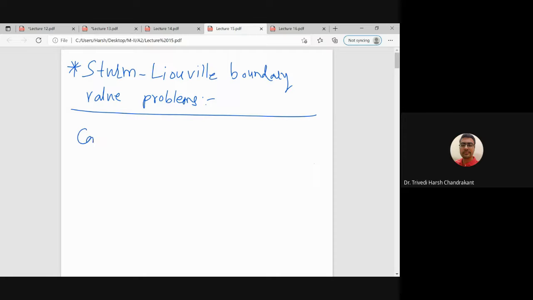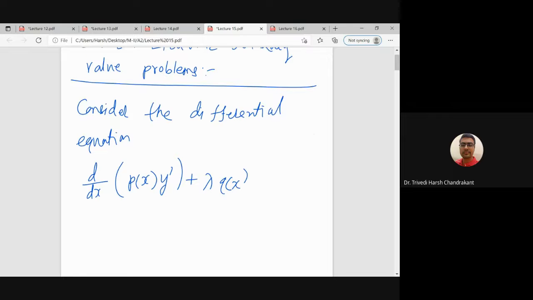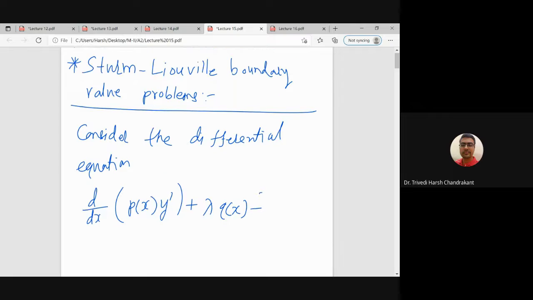So consider the differential equation of the form derivative of p(x) times y dash plus lambda times q(x) plus r(x) times y is equal to 0.